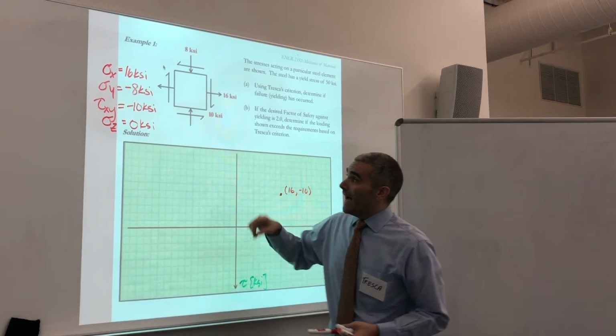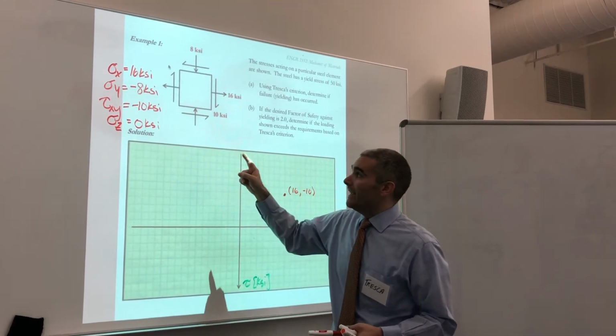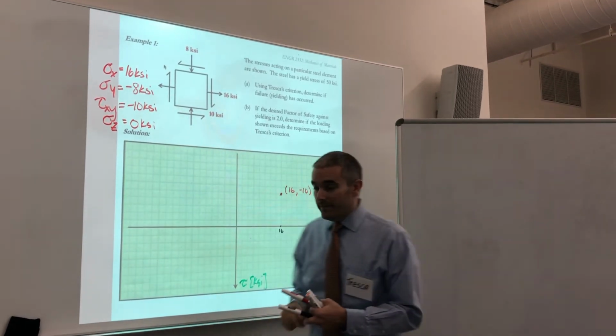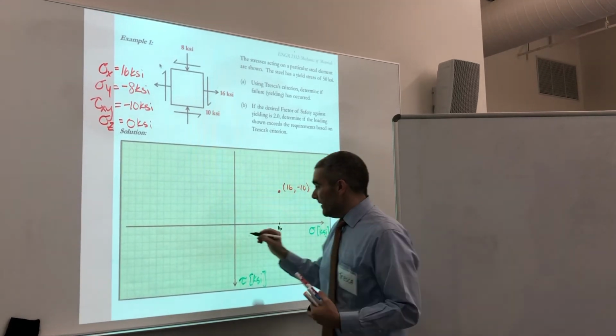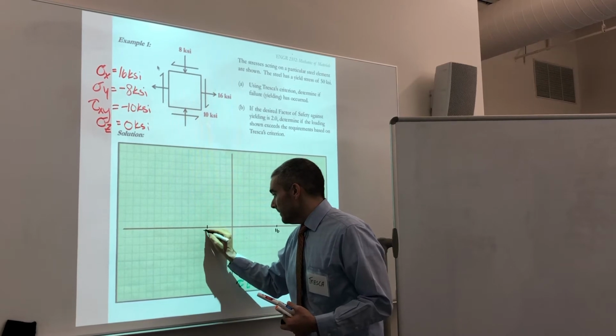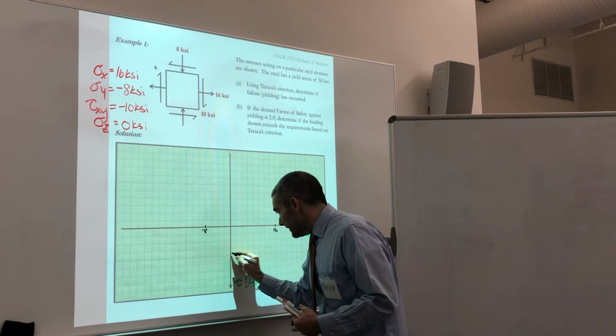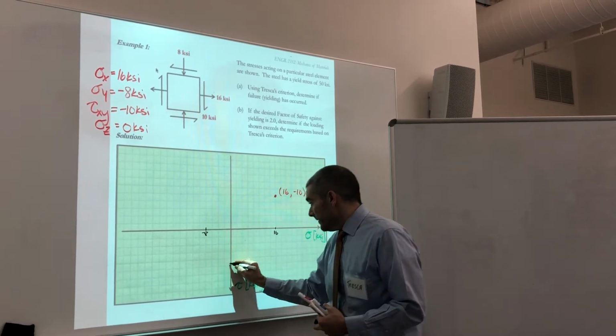I also need to plot sigma y, minus tau xy, so that's going to be negative 8, positive 10. So I'm going to come over here to negative 8, 2, 4, 6, 8, positive 10, 2, 4, 6, 8, 10.